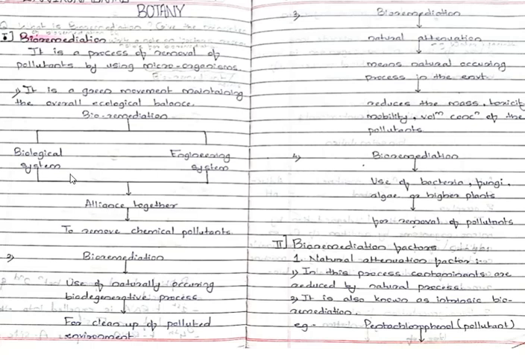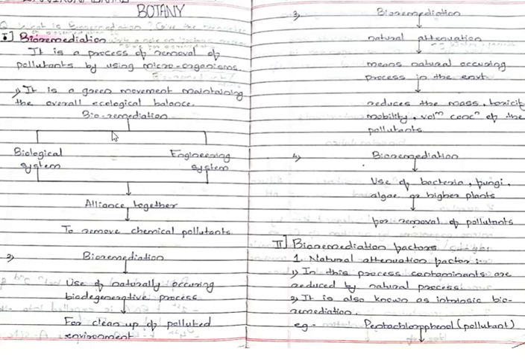Biological system means naturally occurring plants or some organisms, which by natural processing remove pollutants from different sources. And engineering means some engineering processes or chemical or laboratory processes which can be helpful in removing the chemical pollutants.